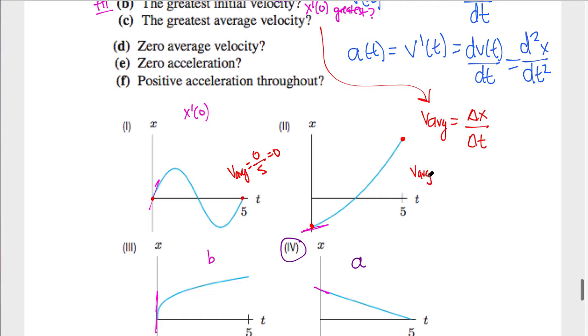Since these are the same scale, we can say, okay, what about from here to here? Well, this is going to be less than the average velocity for number 2. Then finally for this one, our average velocity is negative, so that is not going to be our greatest average velocity. So out of these three, it appears that number 2 is the one with the greatest average velocity.